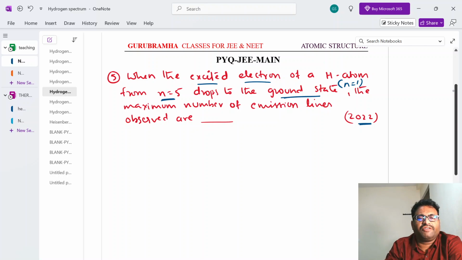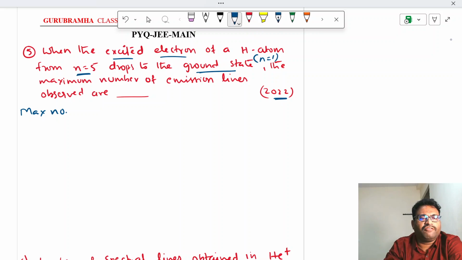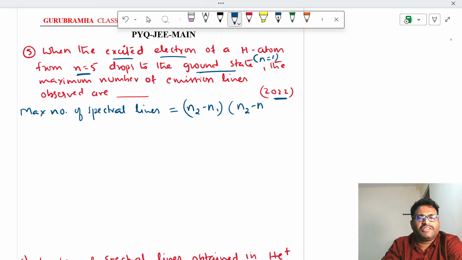Already we have discussed one formula: the maximum number of spectral lines is given by n2 minus n1 into n2 minus n1 plus 1 by 2. So here n2 is the fifth orbit, it is coming to the first orbit.